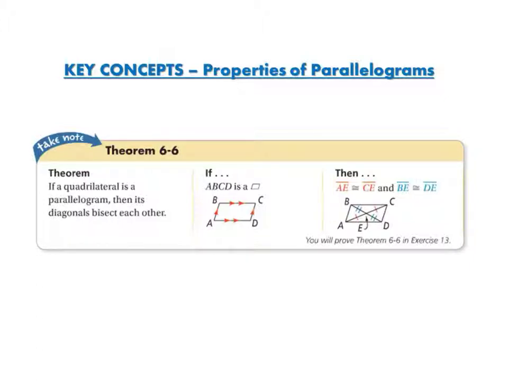So when this diagonal cuts the other diagonal, it bisects it into two equal sections. So this section is the same length as that section, and this section is the same length as that section. And remember, one diagonal doesn't have anything to do with the other diagonal or the length of the diagonals. It's just it cuts a diagonal exactly in half.